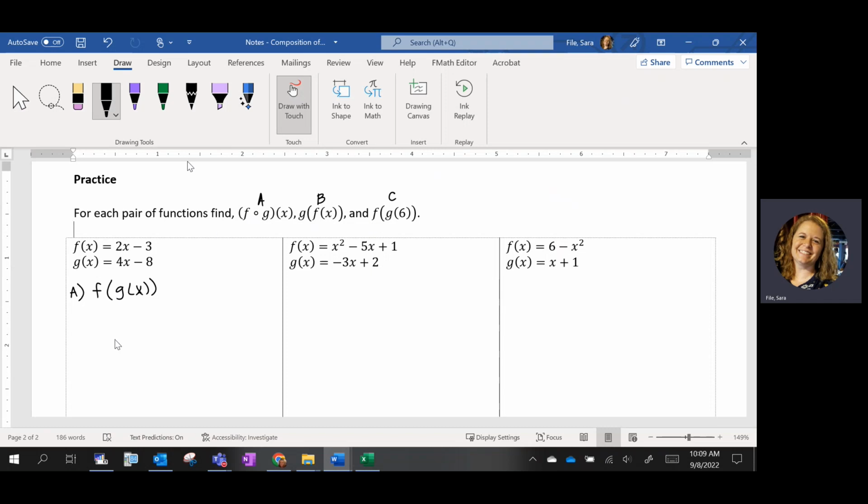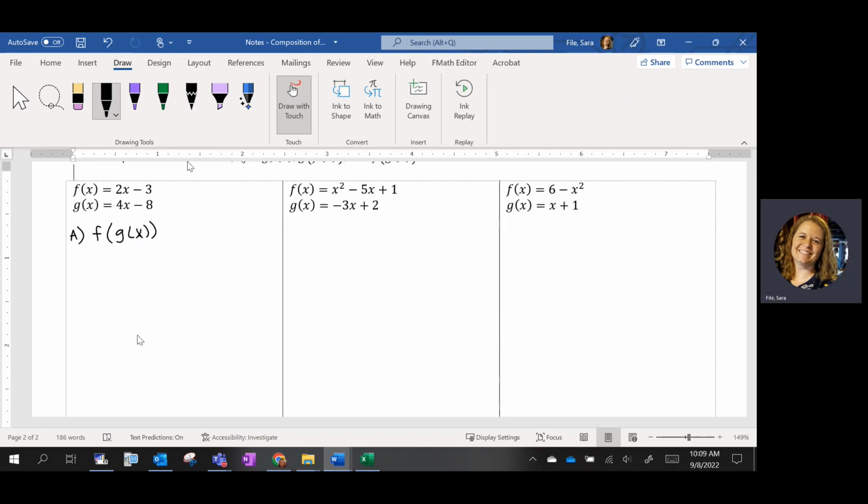So I'm going to start with this first one, f of g of x. What this means is we are going to take the f function and we are going to input the g function, which is 4x minus 8, inside of it. And I'm actually going to color code this.